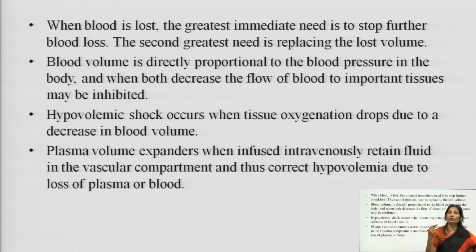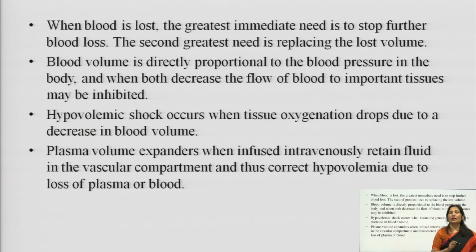So, hypoperfusion of the tissue will occur. Reduced functioning of the cell and tissue, and that will lead to hypovolemia because of reduced oxygen supply. So, that will result in hypovolemic shock. So, to overcome this, the lost component, whether it is blood or plasma, should be replaced immediately.